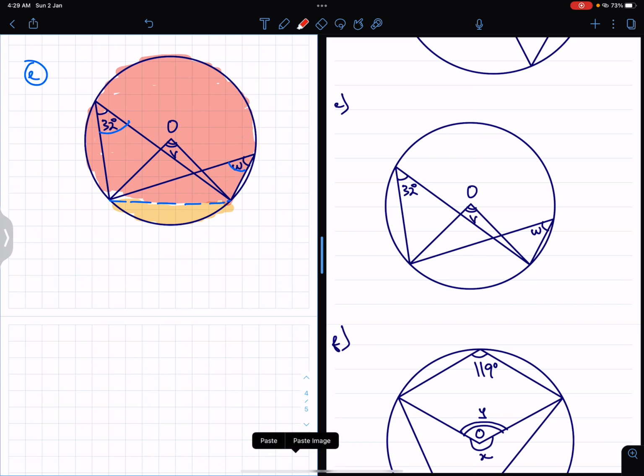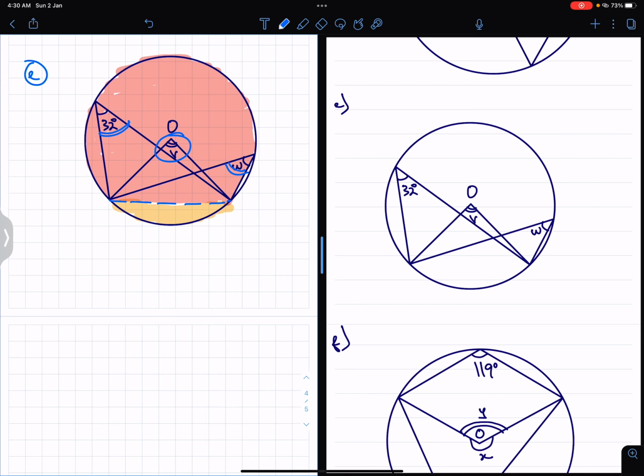We must take note that those angles in the same segment must be at the circumference and not just anywhere in that segment. So I'm looking at 32 and W, which are at the circumference of a circle and not V. I won't say that 32 is also equal to V. No, because V is at the center.